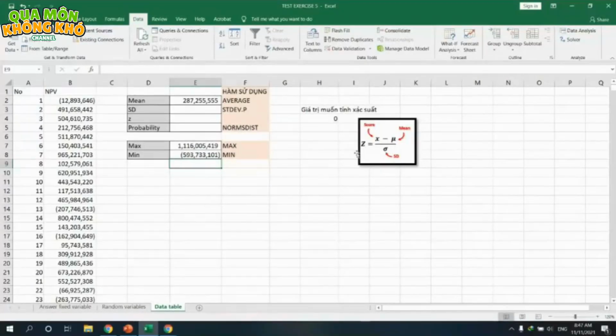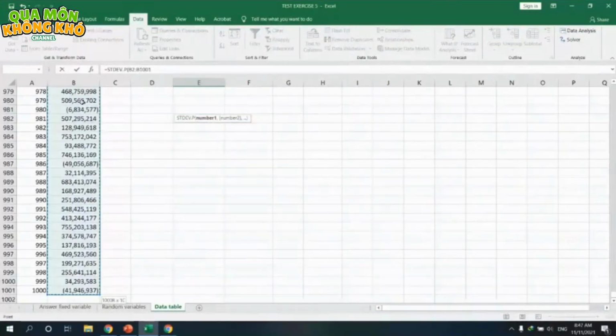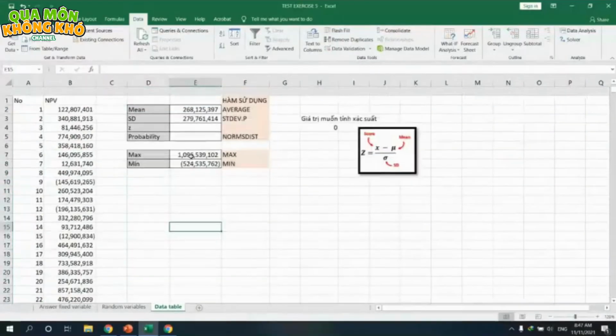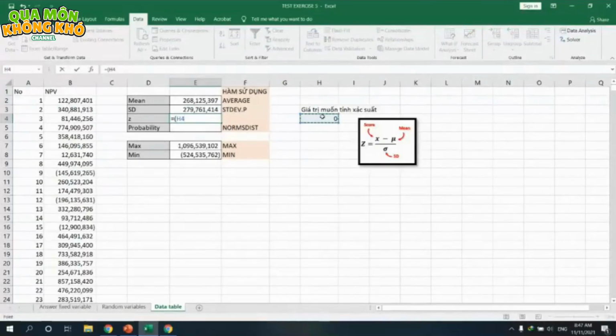And to calculate the probability that the NPV will be less than 0 or negative, we need to calculate the standard deviation here. And for the Z, we use this formula: the value that you want to calculate minus the mean, divided by the standard deviation.